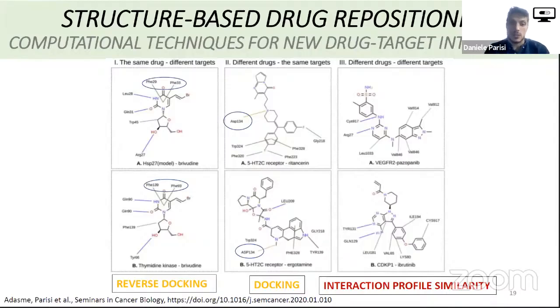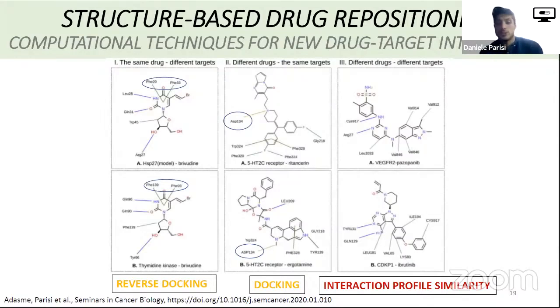In this case, you can see that for the same receptor, the 5-HT2C receptor, we can fit two different ligands, ritanserin and ergotamine, and for both of them the interaction with aspartate 134 is important. So this is a way to explain how different ligands can fit into the same binding site.